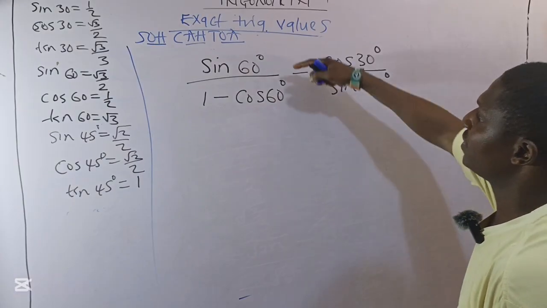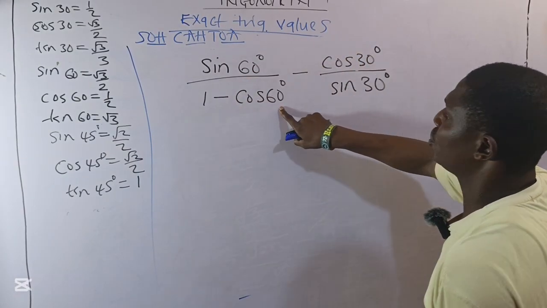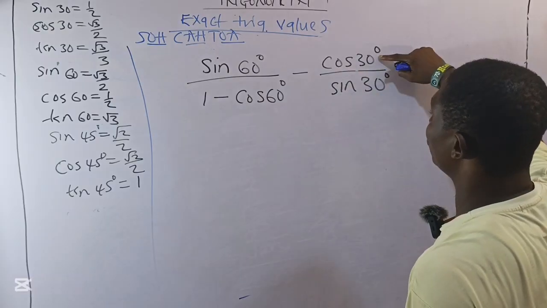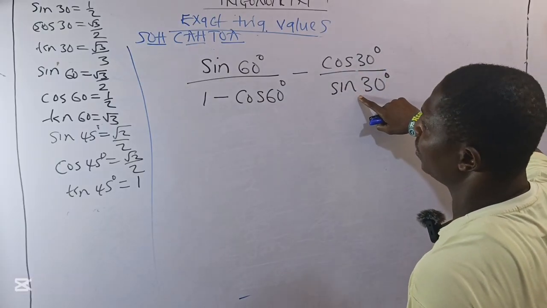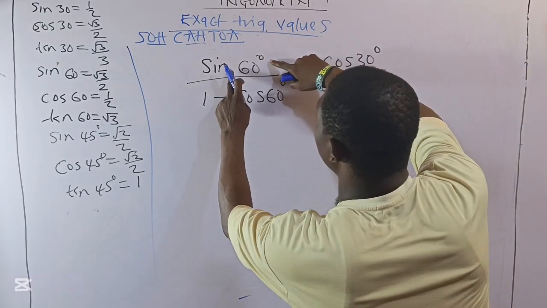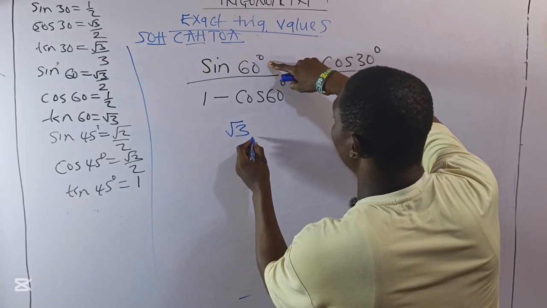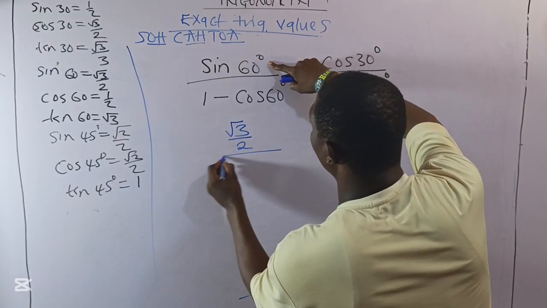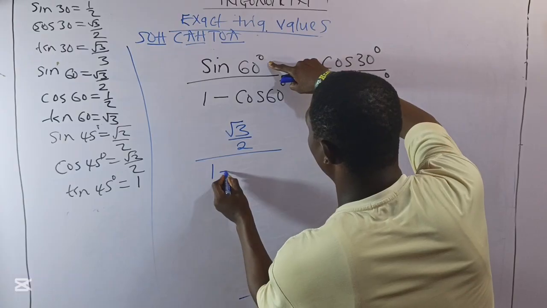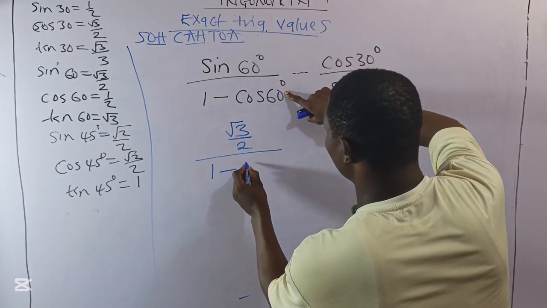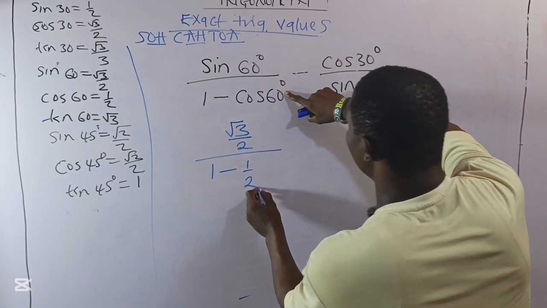So again, we have sine 60 all over 1 minus cos 60, minus cos 30 degree all over sine 30 degree. Now sine 60 degree first is root 3 over 2. Then I have 1 minus cos 60, which is 1 over 2. Take note.